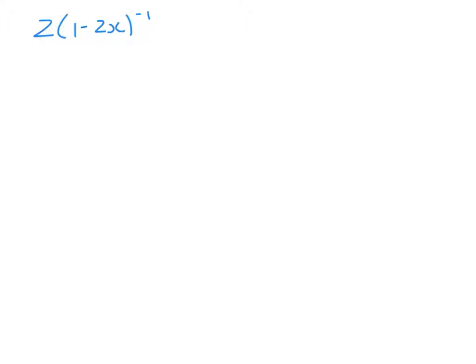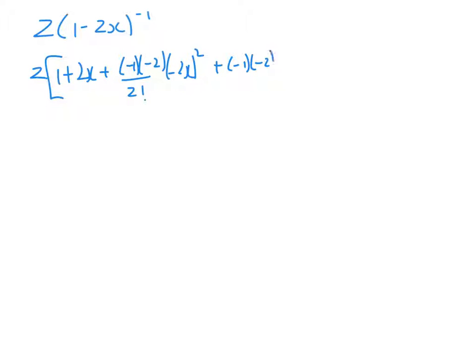Now I repeat the expansion. We have 2 upon 1 plus 2x plus (minus 1)(minus 2) over 2 factorial (minus 2x) squared plus (minus 1)(minus 2)(minus 3) over 3 factorial (minus 2x) cubed plus, we have to go to power 4.